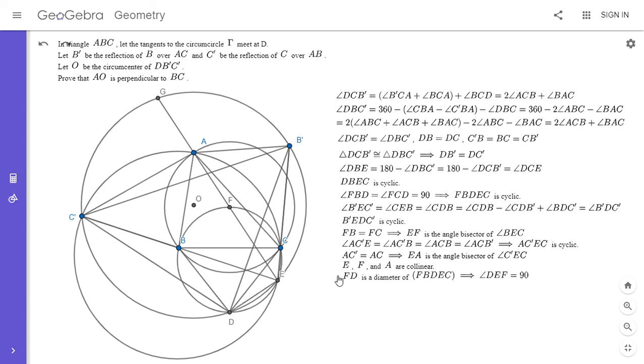And if angle DEF is 90 degrees, then that means that angle DEG is also 90 degrees. So DG is the diameter of the big circle. And so it has to pass through O, which is the circumcenter. Okay? All right. So D, O, and G are collinear, and DG is a diameter.